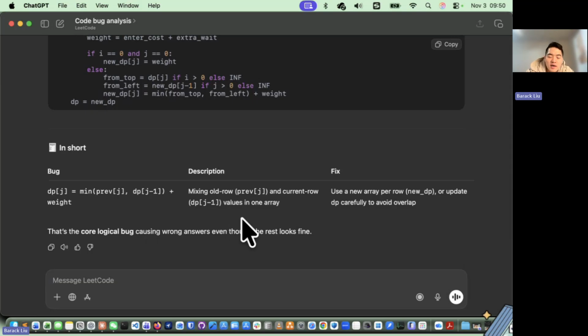Mixing old and current in one array. New array per row, or update.